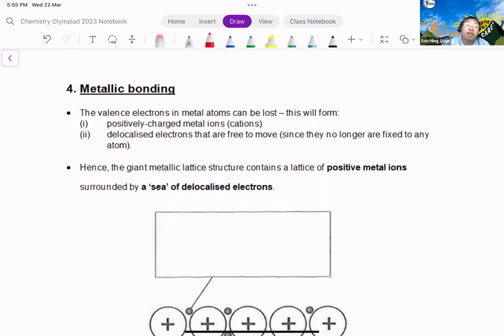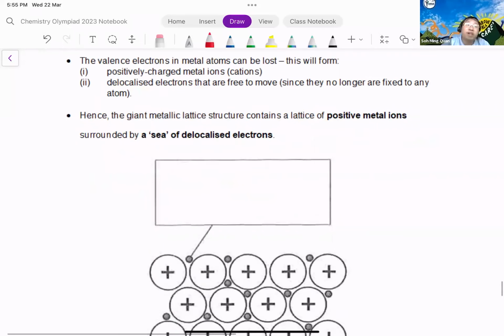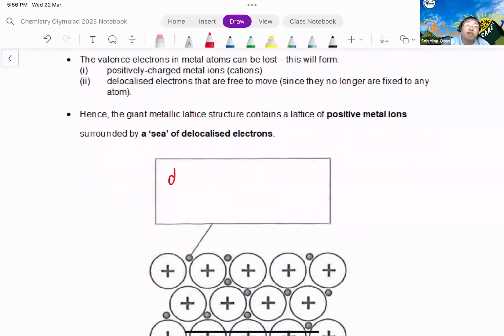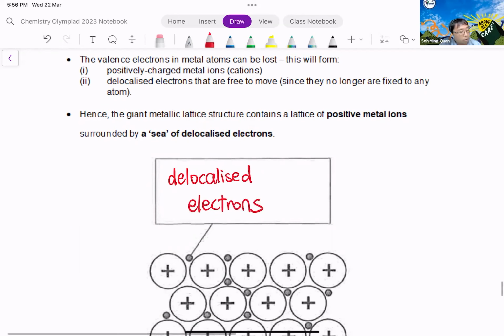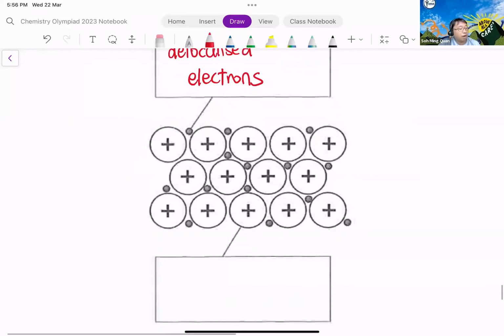So metallic bonding involves the valence electrons in the metal atoms, which are delocalized. So these are delocalized electrons in a metal surrounded by, of course, the metal cations.